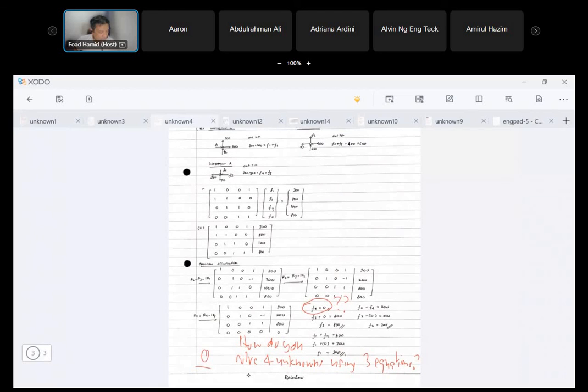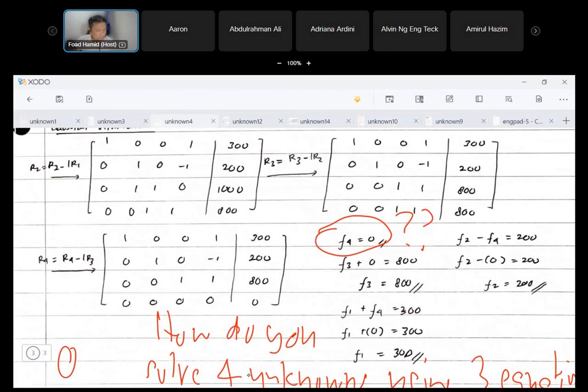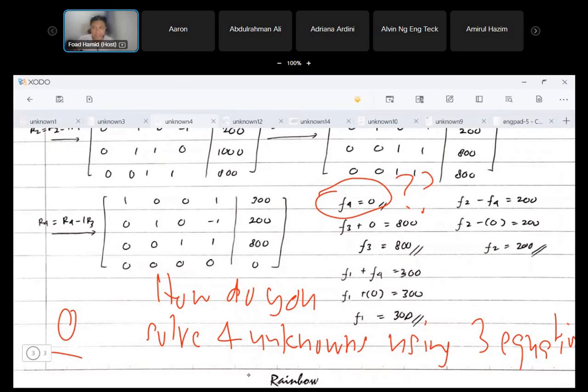Okay, and this one, all right, this is very interesting. This is a very simple problem, but what I want you to know here is the idea of mathematics: if we have four unknowns, we must have four equations.